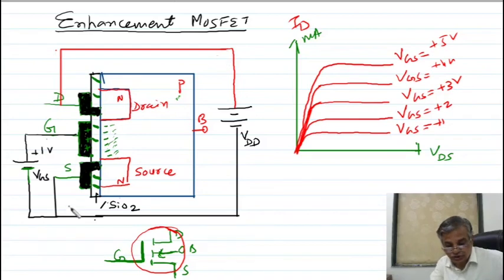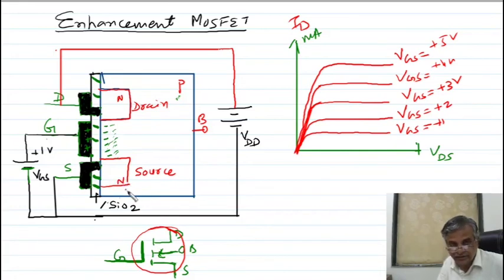Remember, a certain minimum value of voltage is required for conduction. That minimum voltage provides noise immunity, which avoids false switching. So this can be used as a switch.